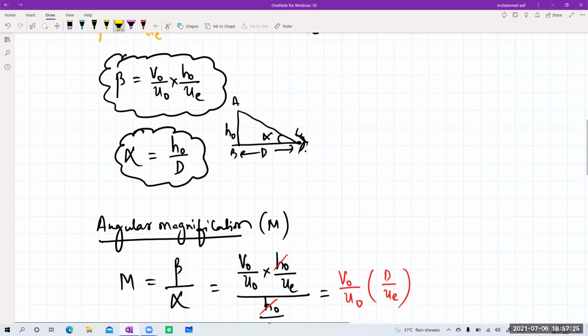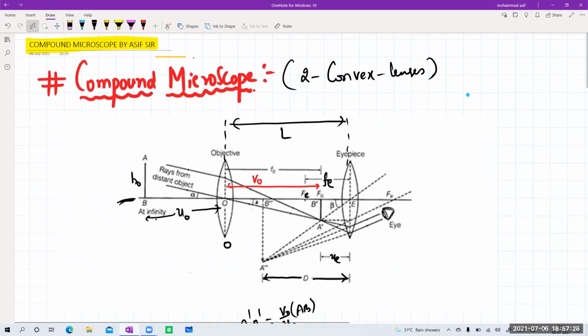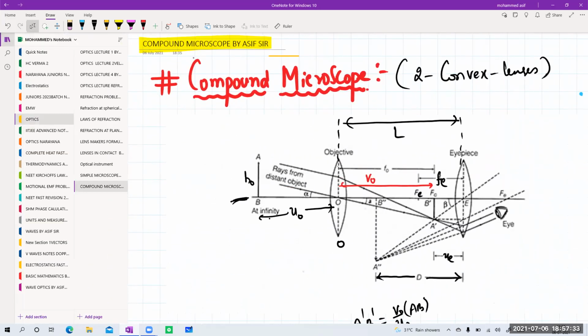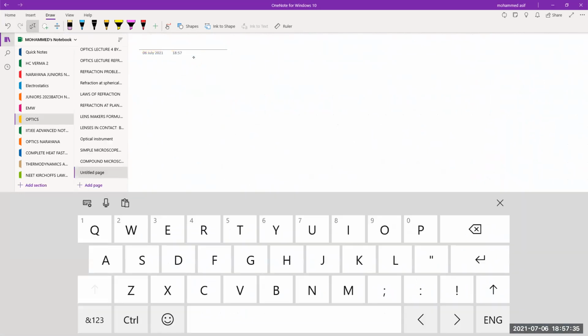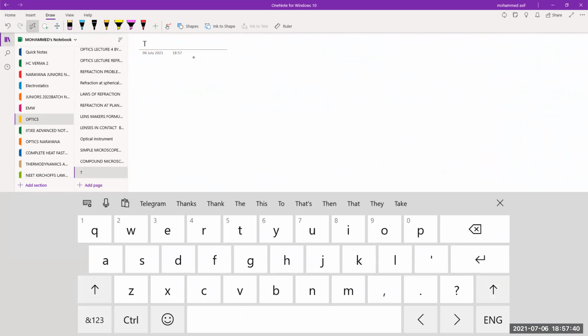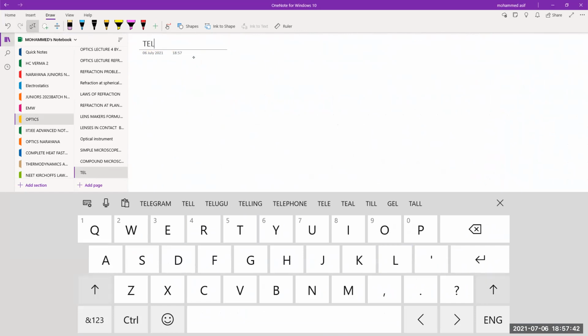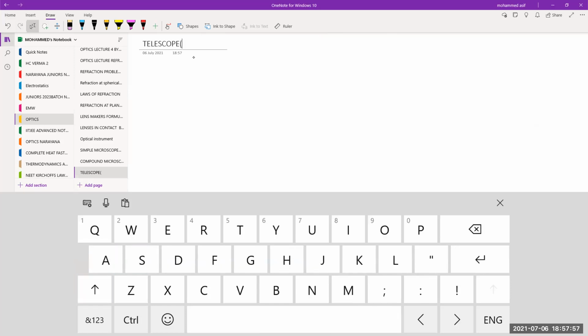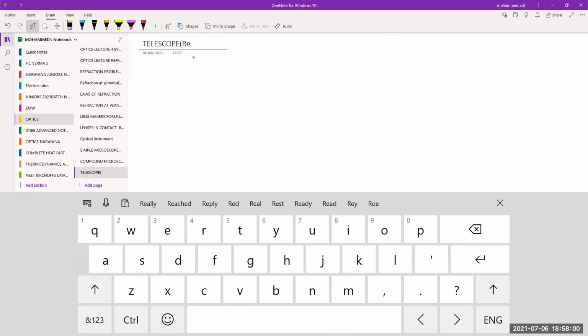So the next one is, right now, what do we have? All the microscopes are completed. Sir, they did simple microscopes. Okay, sure. Let us try to talk about the next one, that is about your telescopes. In the bracket, you can keep refracting telescopes.